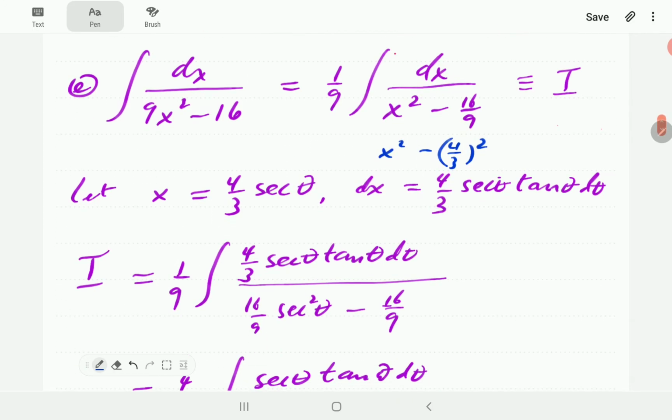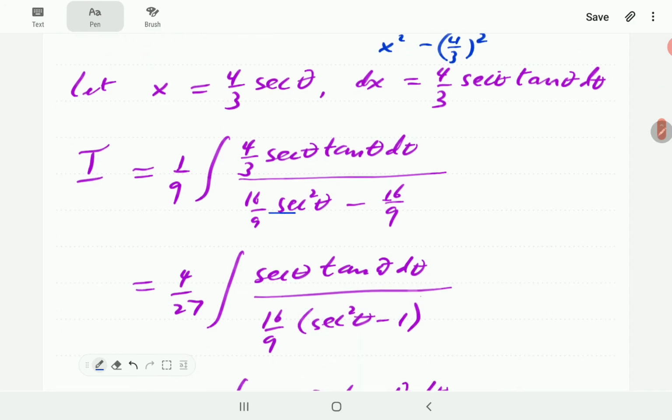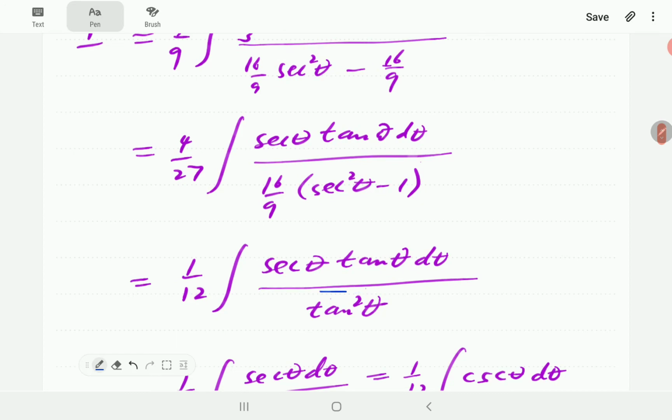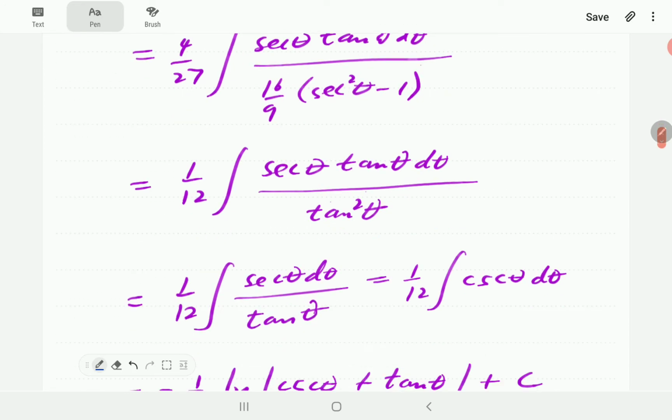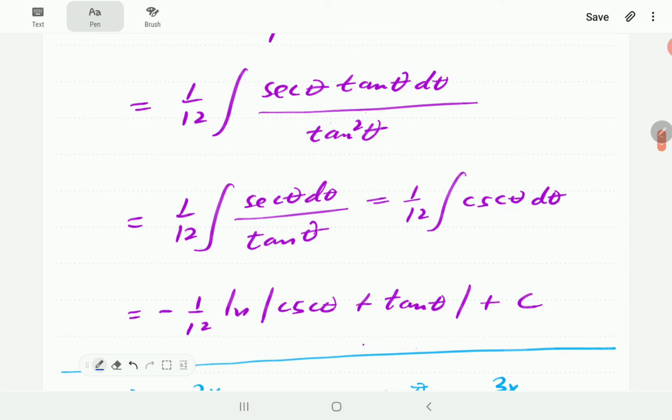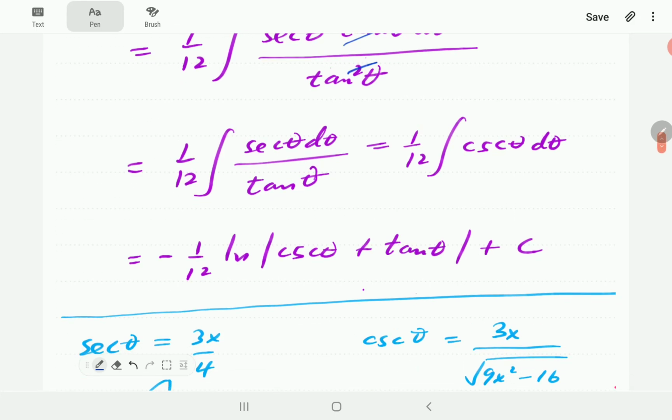So dx is going to be 4/3 secant tangent. And so we plug in here, we factor out 16 on 9 in the denominator. So this is going to be tangent squared. The constants work out to 1 over 12. We cancel out tangent, and so we're going to have secant over tangent.